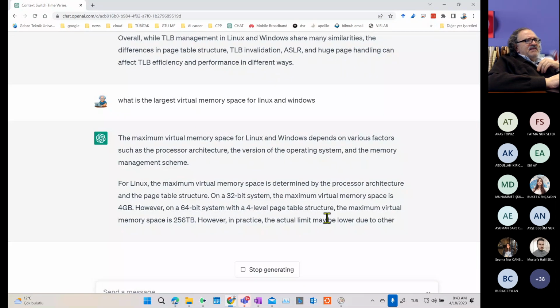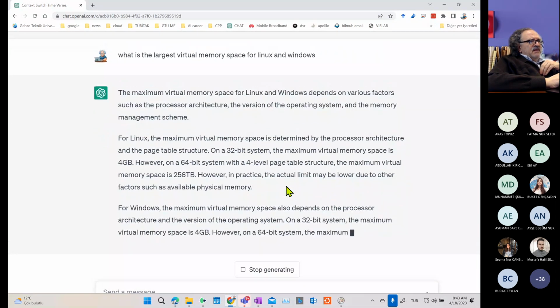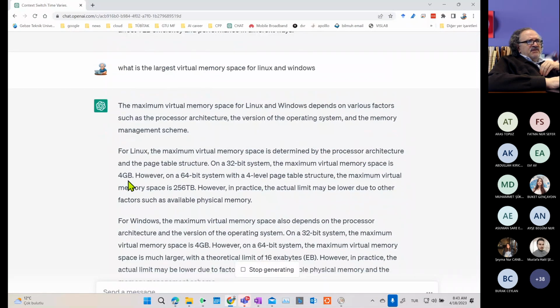Okay, so for 32-bit systems, we don't have that many. It is 4 gigabytes because it is 32-bit, but for a 64-bit system with a 4-level page table structure, maximum is 256 terabytes. If this is my virtual memory space, nobody has this kind of memory, right?